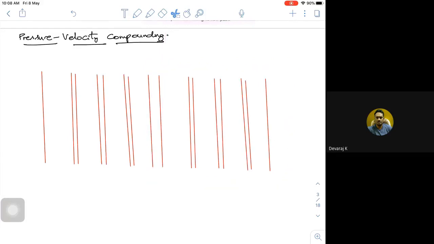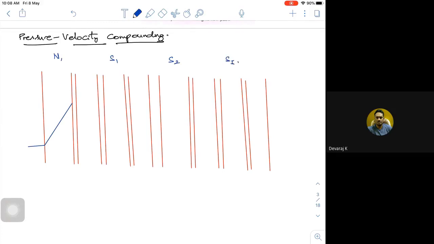So what will happen to your velocity? Your velocity will enter like this, then it will increase in the nozzle. Let me call it nozzle 1, the stator 1, stator 2, stator 3.